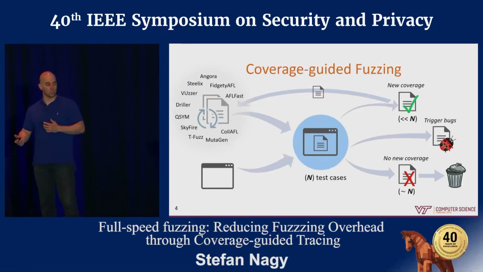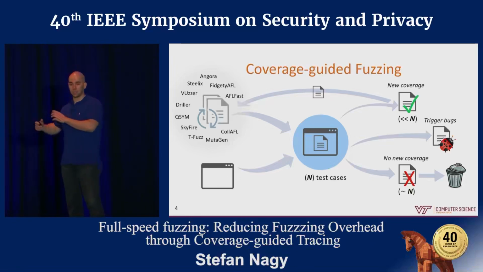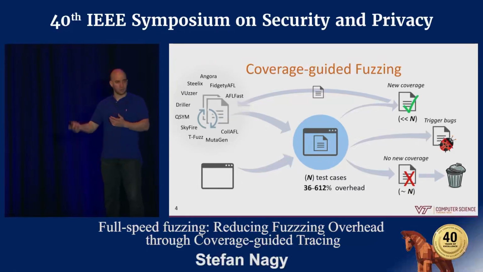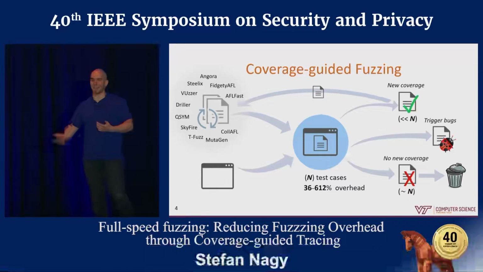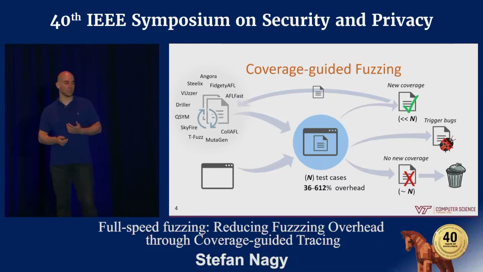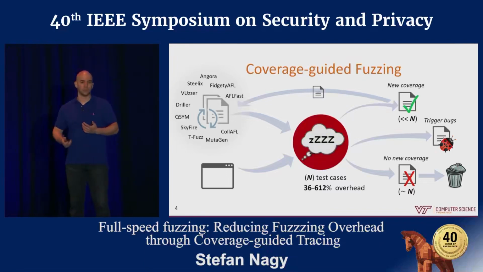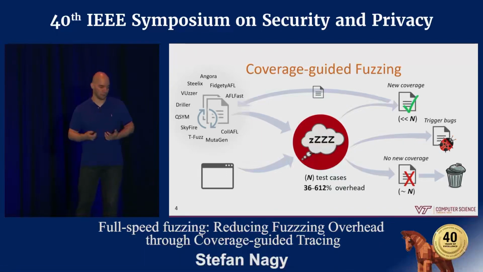The overwhelming majority, along with their code coverage, are simply junked and discarded by the fuzzer. And given this fact, as well as our results showing that this process of tracing every test case adds some pretty non-negligible overhead over the course of fuzzing an application, we see this as having a huge potential for improvement, and that these resources could be much better used elsewhere in the fuzzing workflow.